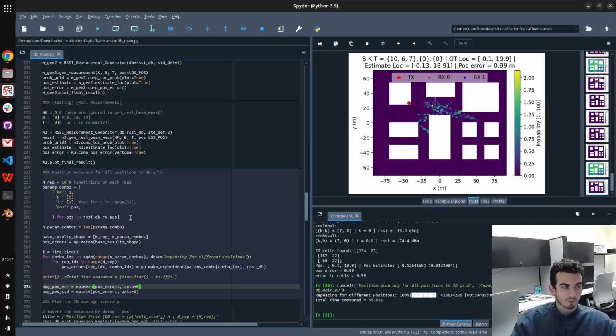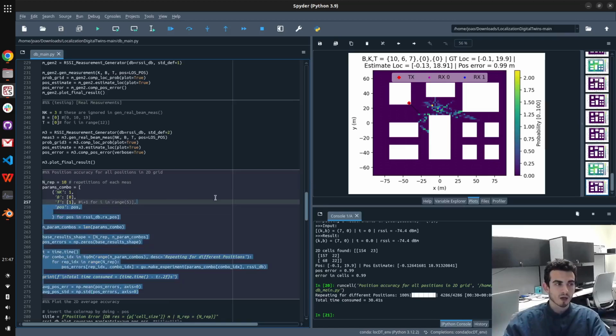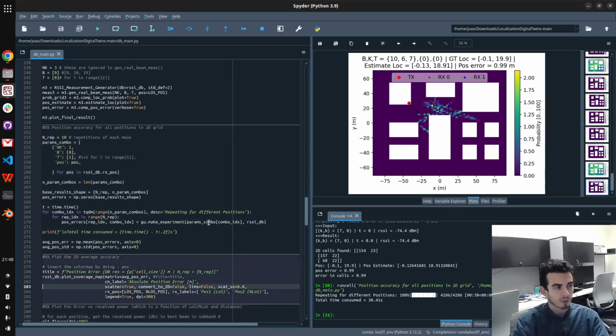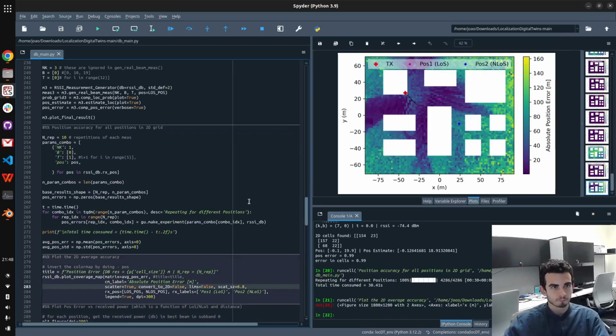For the paper, we actually put here 1000, which was a much slower resolution simulation. And for the journal, we're going to have this completely parallelized. So it's going to be roughly 20 times faster. Well, it depends on how many cores you have, but in my case, it's about 20 times faster. So this just executed, and we can plot the position accuracy.